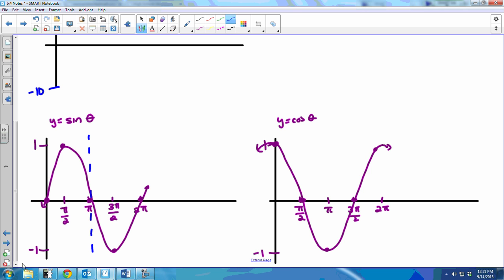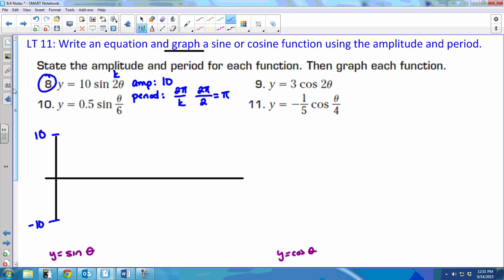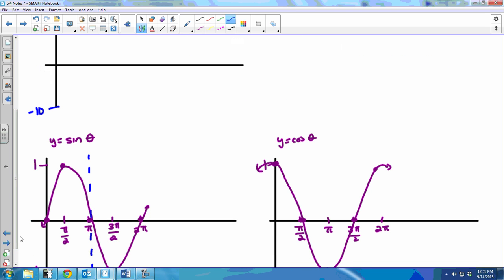So here's my advice to you. You don't have to take my advice, but if you don't, you're going to be struggling. Once you have the period, right? If you notice on this graph down here, there are 4 distinct points after 0 where there's a maximum, minimum, or an x-intercept, right?